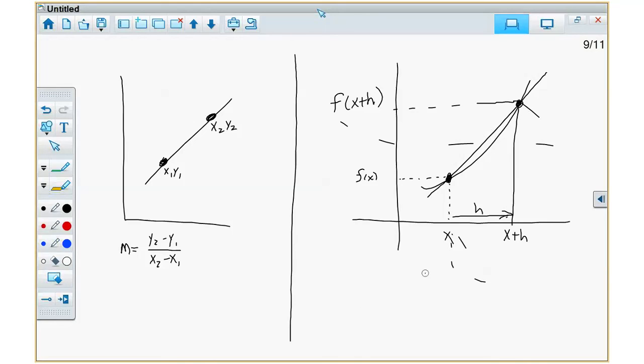If I want to find the slope of that line, I do y sub 2, which is this right here, f of x plus h, minus f of x over x plus h minus x, which gives me f of x plus h minus f of x over h. That's called the difference quotient. We're still in algebra. But when we apply the limit theorem, I'm going to bring this dot down.